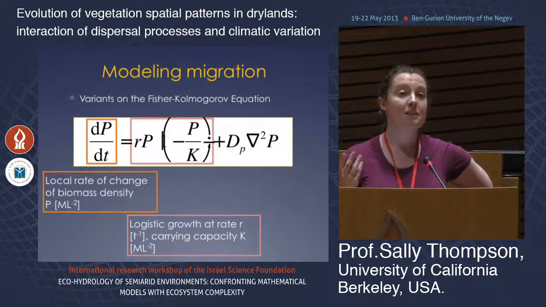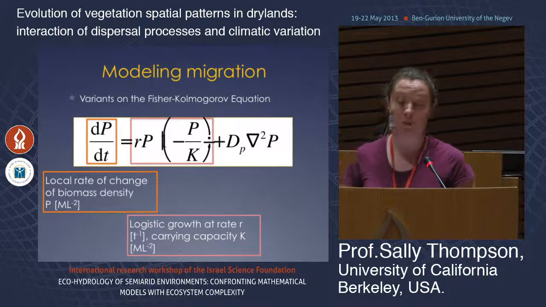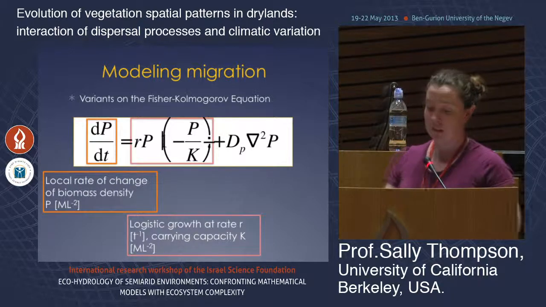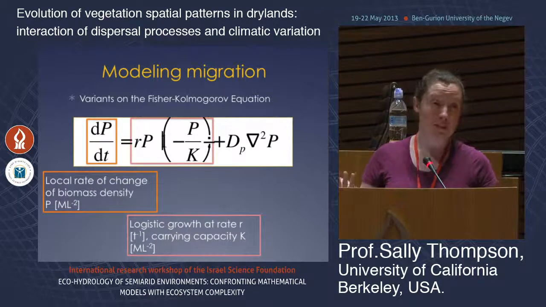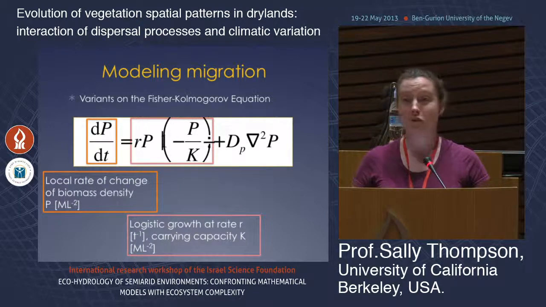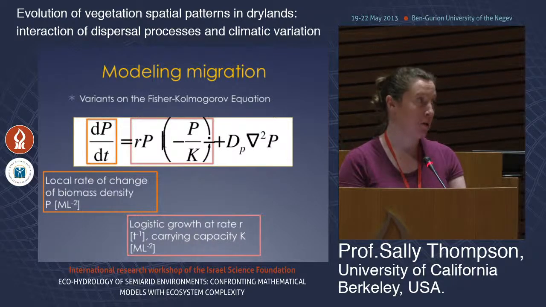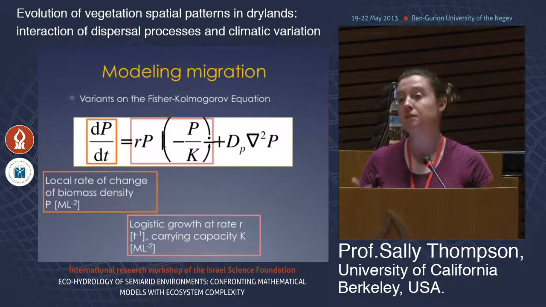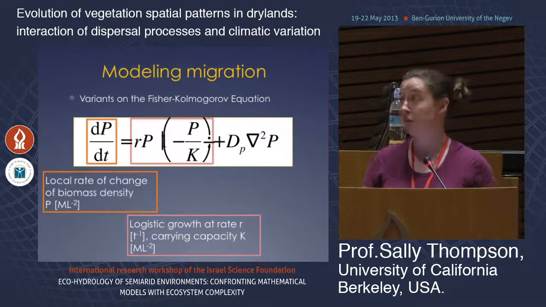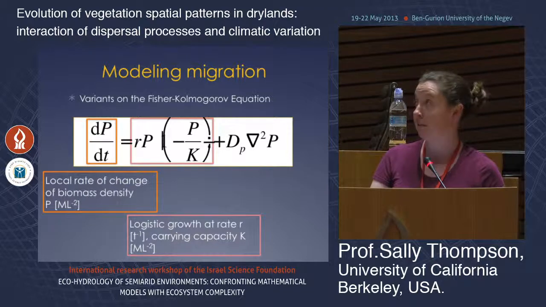So from that rather ignominious beginning, what we're looking at here is an equation that describes the rate of change of some representation of the population, and mostly here I'll be talking about the biomass density expressed as a mass per area. The rate of change of that is expressed as a function of the local growth processes. Here I've written up an equation for logistic growth in its fairly standard form, but of course you can take this growth process at a point and replace it with your favourite model, representing the carrying capacity limitations as a function of resources, bringing in other dynamics, etc. All of the stuff that you want to represent in terms of the time evolution of a population of biomass at that point.